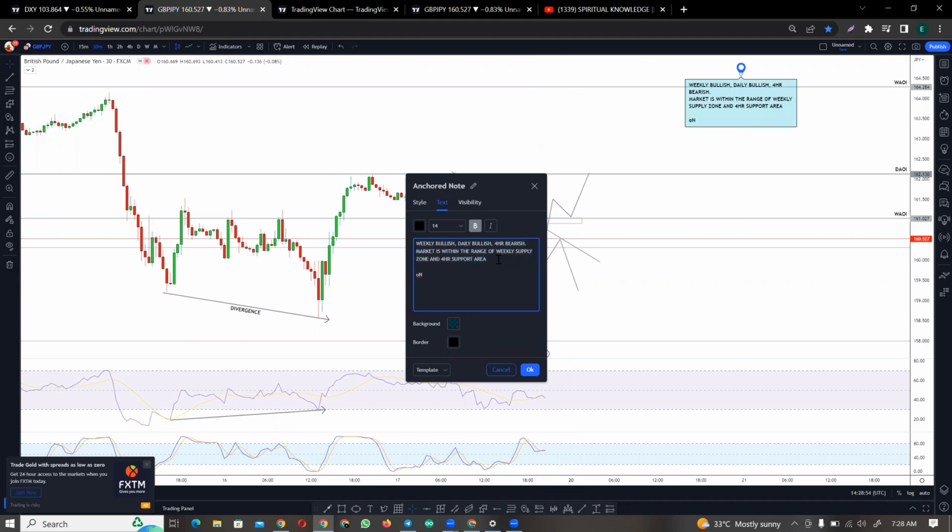So on 30 minutes, we have a bullish divergence and an impulsive move.